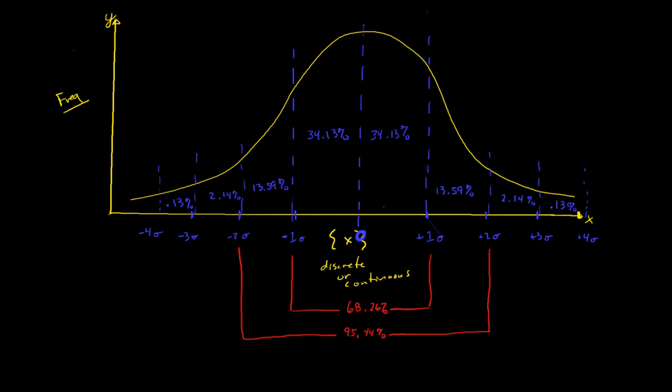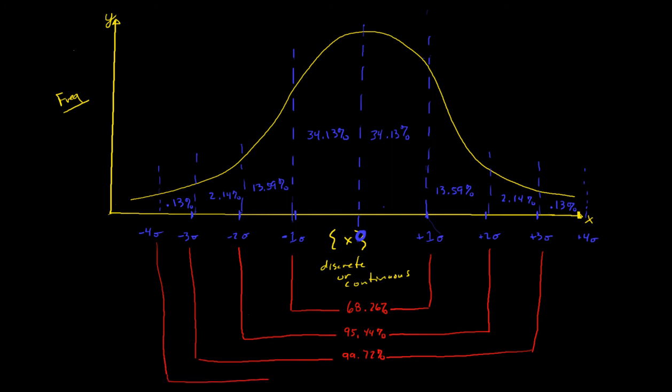And again, going with this concept, we keep building it out from plus or minus 3 sigma, 99.72%. And just to take it one more, let's go to 4 sigma. This will give us 99.98% of the scores if you go all the way out to 4 sigma.